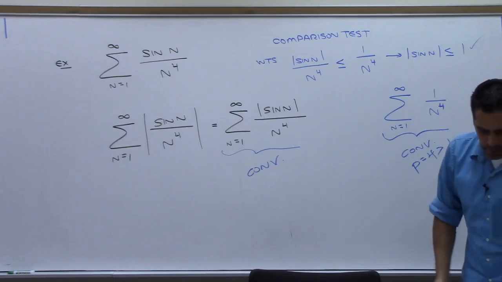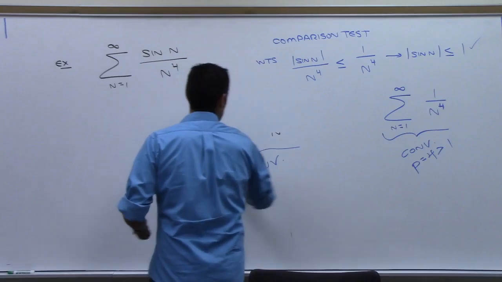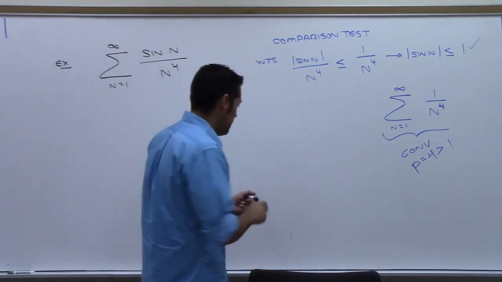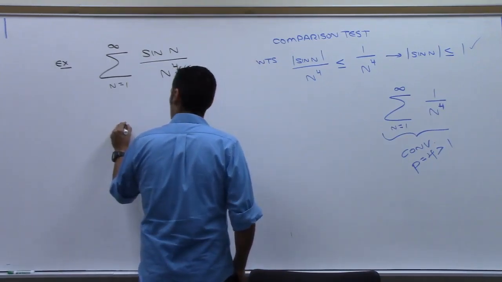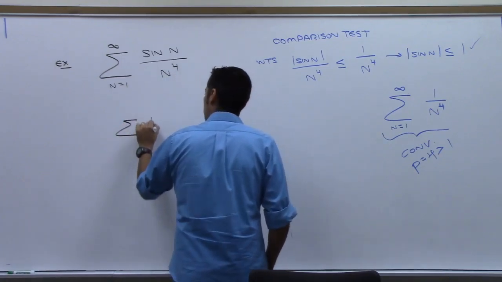Yeah, so how would we write this? If we were going to really want to be good mathematicians, we would have something like this. I'm not going to do the n equals 1.